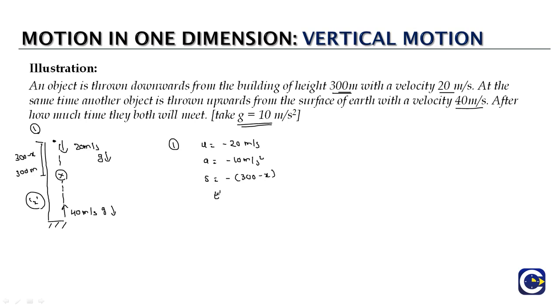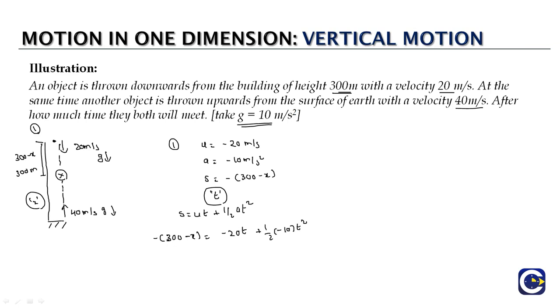And the time of the journey is t. So we'll have the equation s is equal to ut plus half at square, which means minus of 300 minus x is equal to u into t, minus 20 into t, plus half into minus 10 into t square.